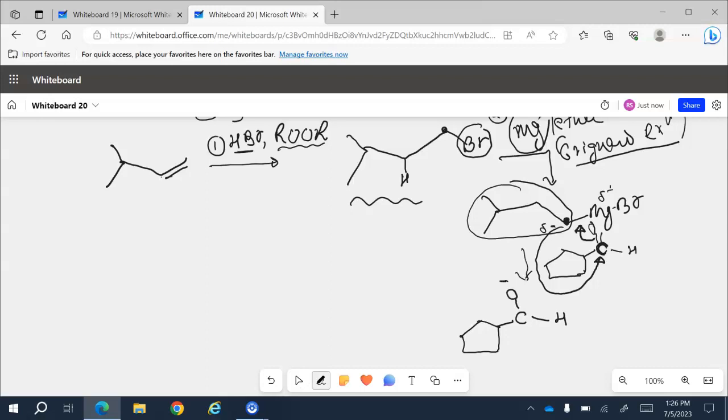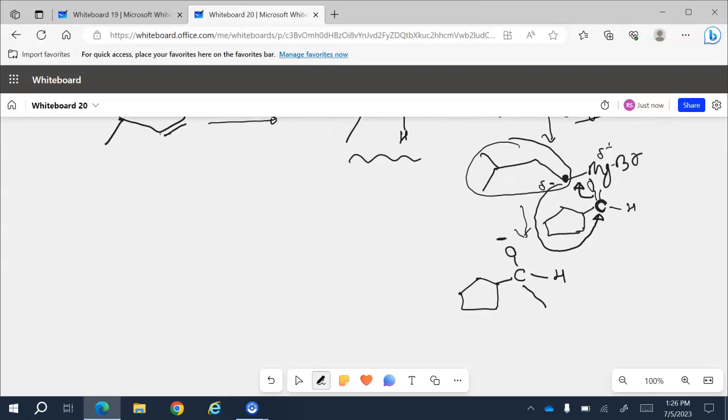O will now become O minus. This is where this carbon will be connected, and you have the rest of the group looking like this. So this is the product here. Now, the positive part, MgBr plus, will attach to the O minus. This is the third step product.